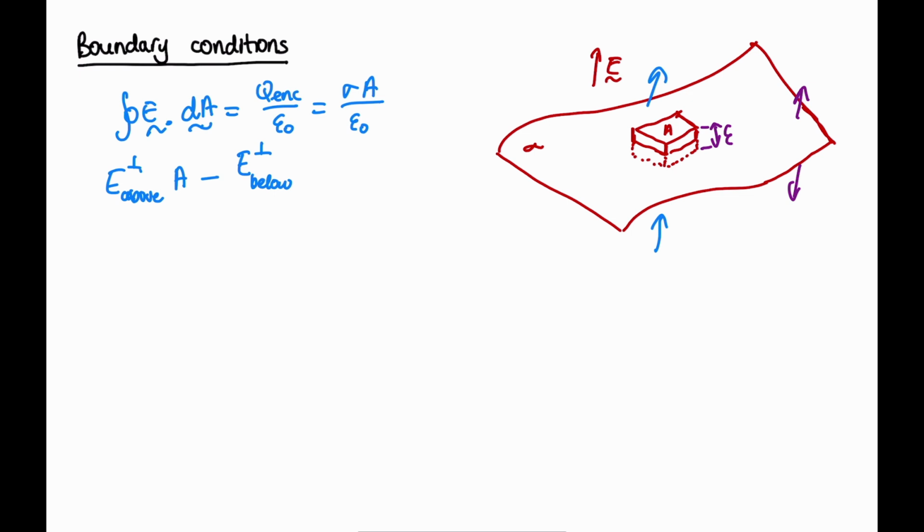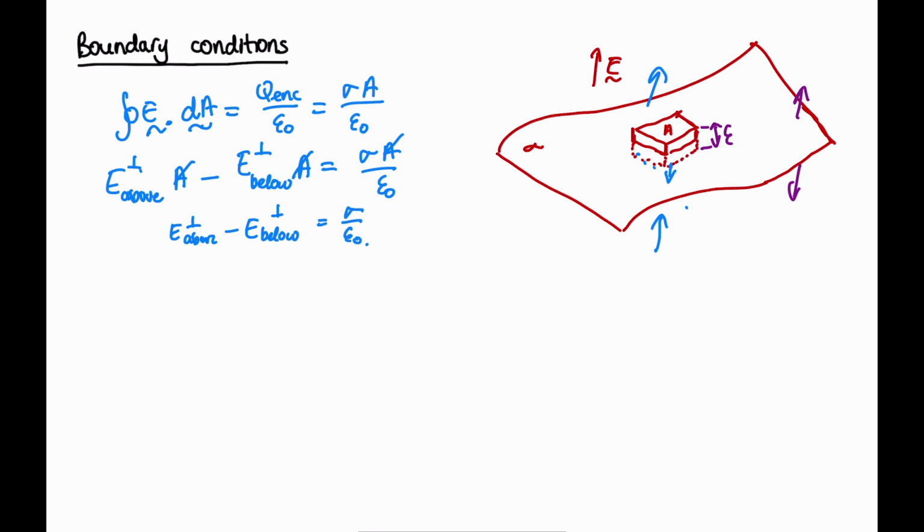But at the moment, we're in the process of showing that this is the case. So that is equal to sigma A over epsilon naught. So these A's cancel out, and we've got that E above perpendicular to the plane minus E below. So that's the electric field down here. It's talking about the electric field through this surface here. Perpendicular to the plane is equal to sigma over epsilon naught.